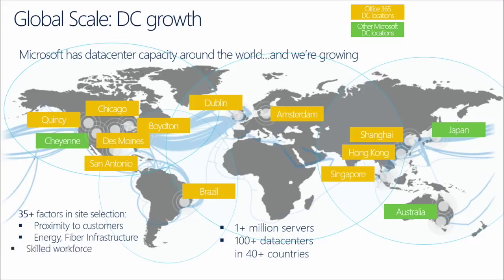So Microsoft has over 100 data centers. And on this slide, you can see a view of the locations that we publicly disclose through forums like the Office 365 Trust Center. You can check out the Trust Center online if you'd like to learn more about data security and privacy on Office 365. So, Paul, I don't know if you know this, but Office 365 is the fastest growing product in Microsoft's history.